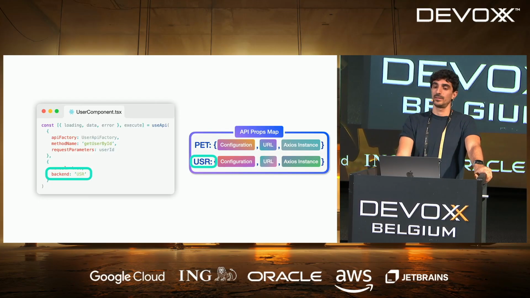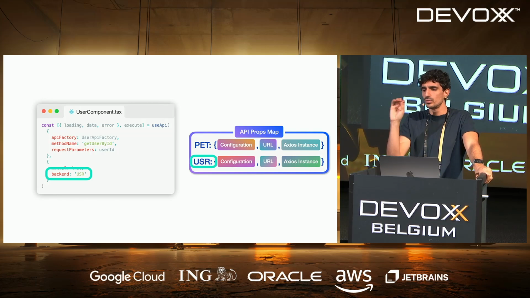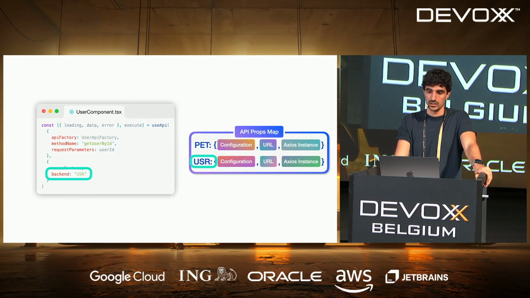So that, in this simplified example, we need to basically communicate both with the pet application and the user application. We have two different sets of API props there.